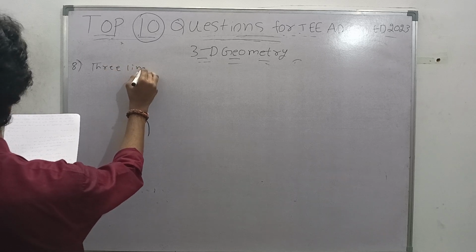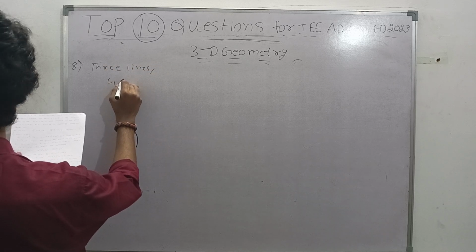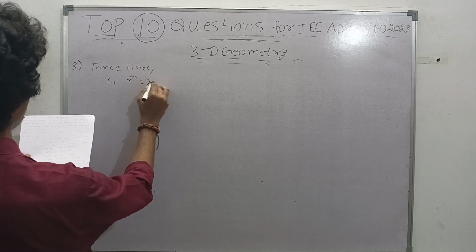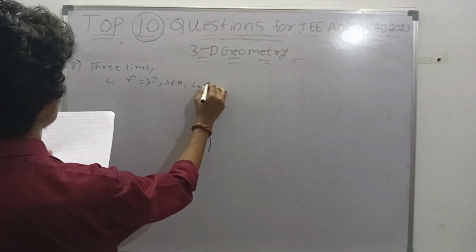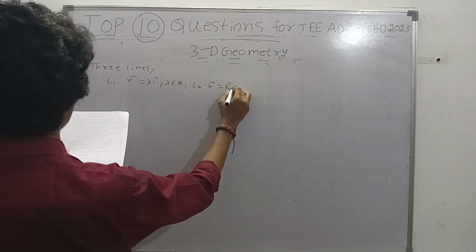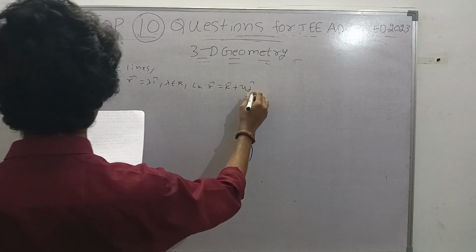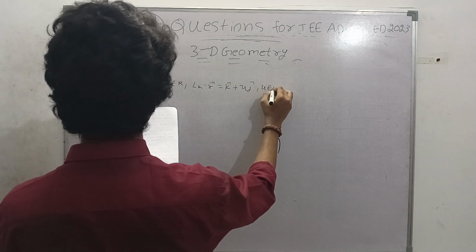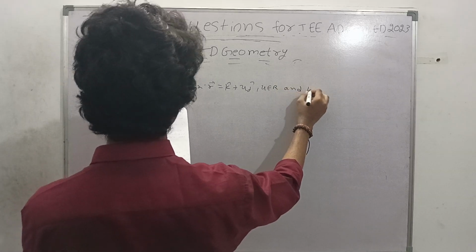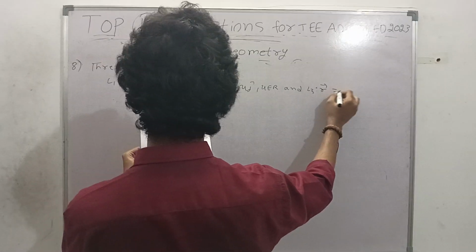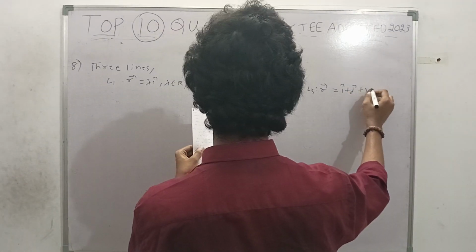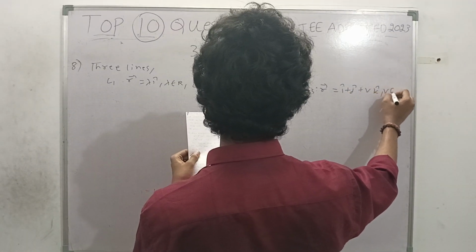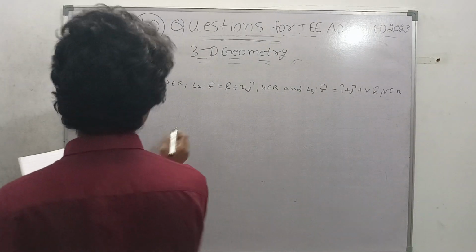Three lines L1 equal to lambda I cap, lambda belong to R, L2 R bar equal to K cap plus nu J bar, nu belong to R, and L3 R bar equal to I plus J plus gamma K cap, gamma belong to R are given. These things are given.